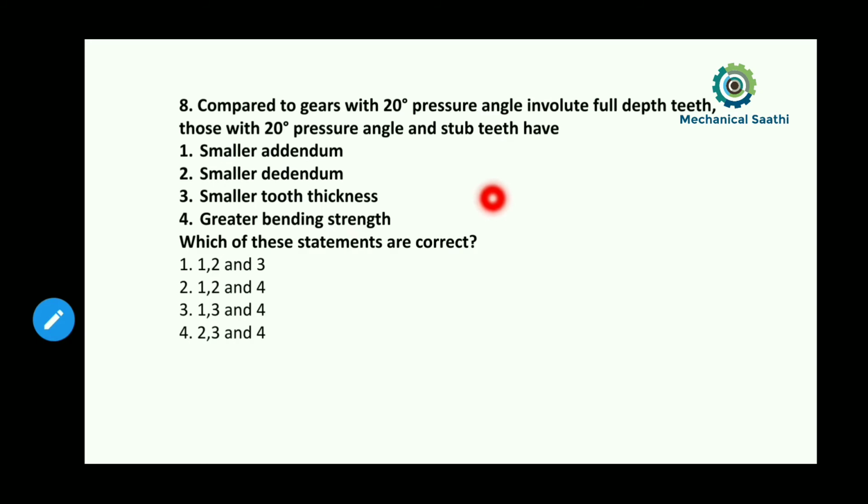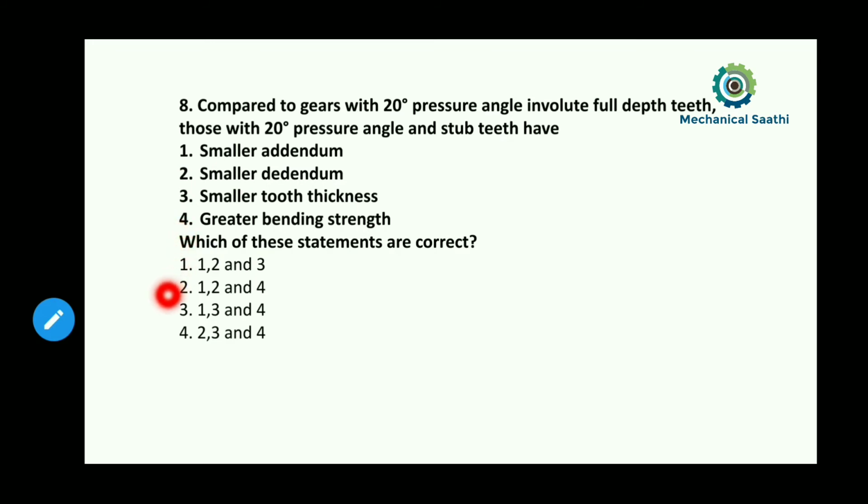So it will be decreasing the size of the pinion, so obviously we'll be getting the greater bending strength. If its size is smaller, then the strength will be more. So option 4 can also be correct. Statement 3 is wrong only, and statements 1, 2 and 4 are correct.